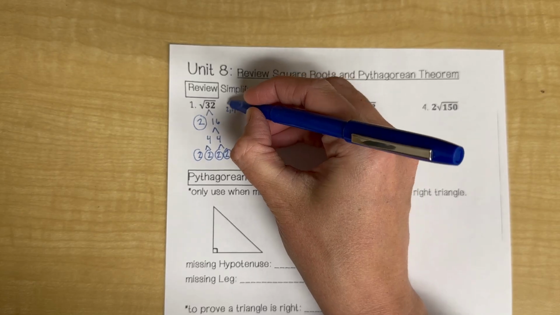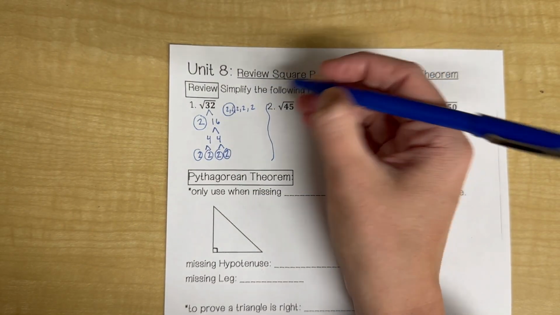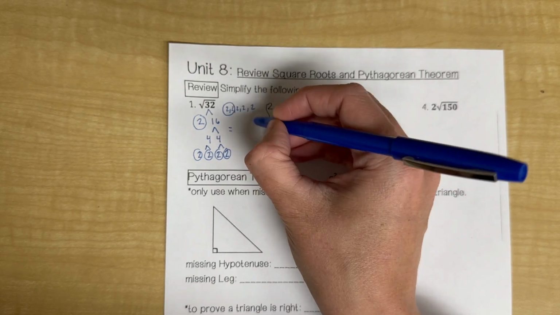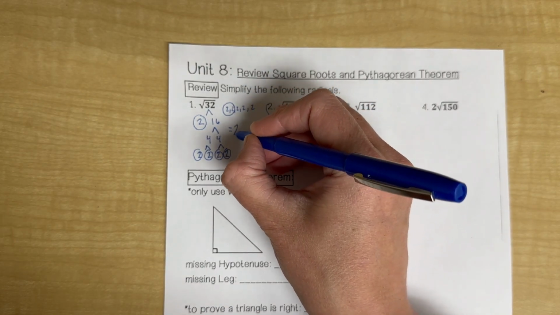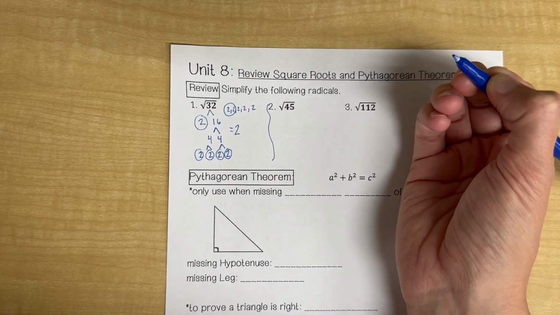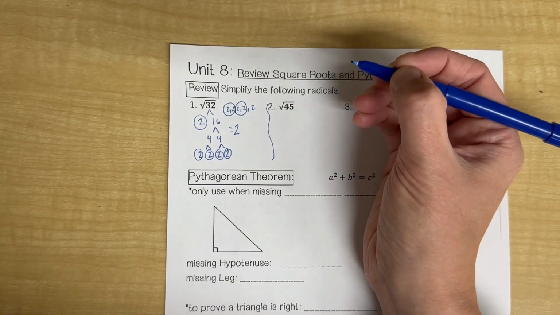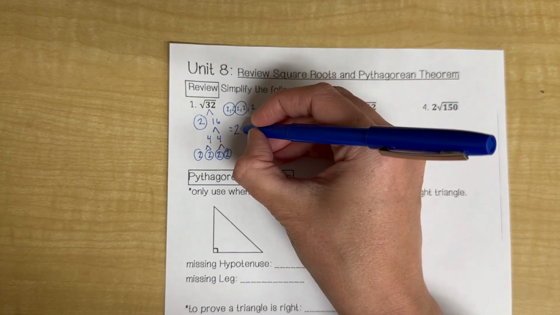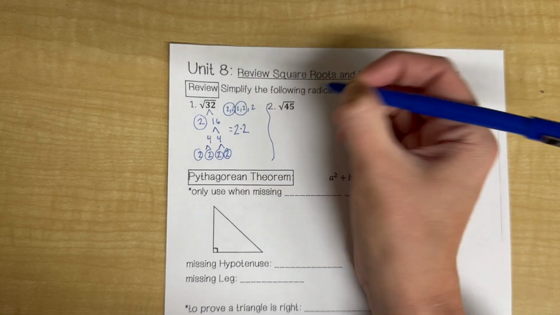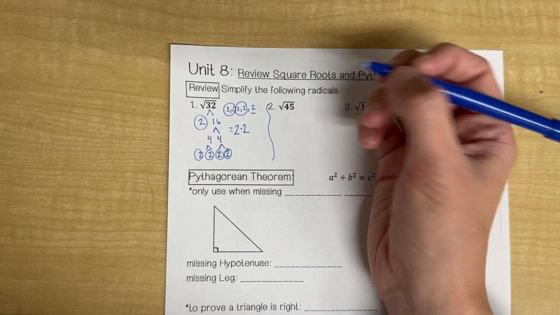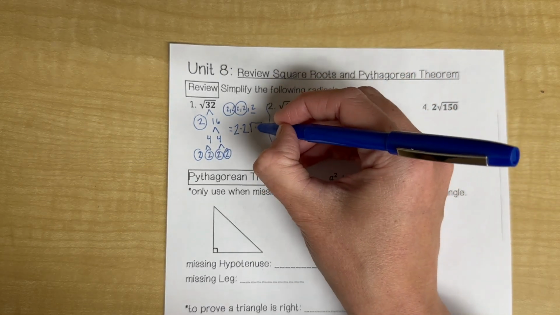If they match, you will write whatever the number is on the outside. These 2 match and they're a pair, so you're going to make a little 2 on the outside. This guy doesn't have a friend, so he is going to stay home.